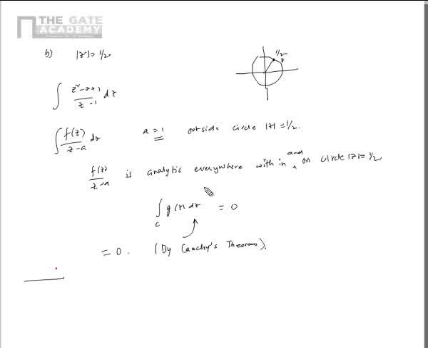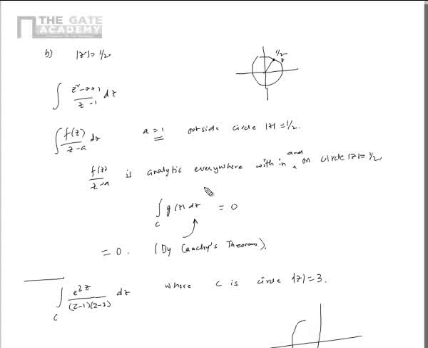So now let's solve another problem, illustrating all these principles. Let's evaluate the integral of e power 2z by (z minus 1)(z minus 2) dz, where C is a circle such that mod z is equal to 3.